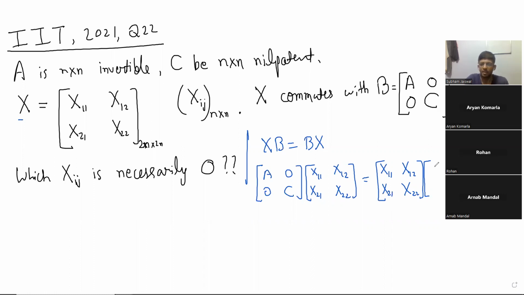Yeah, I've written it the other way. So just multiply it like you multiply matrices. But you have to be careful with this. Like you cannot write A x11 as x11A.